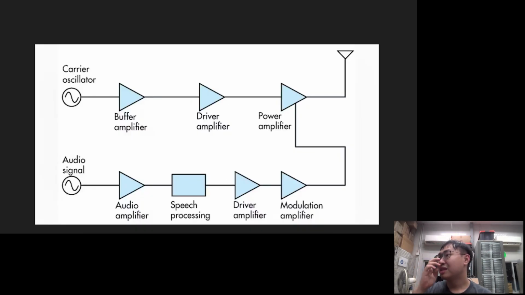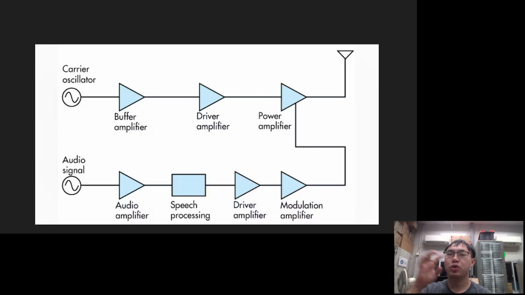Okay. So does it look simpler? I don't think so. Maybe simpler. So it has two parts: audio, carrier, amplifier, and audio, amplifier, speech processing.